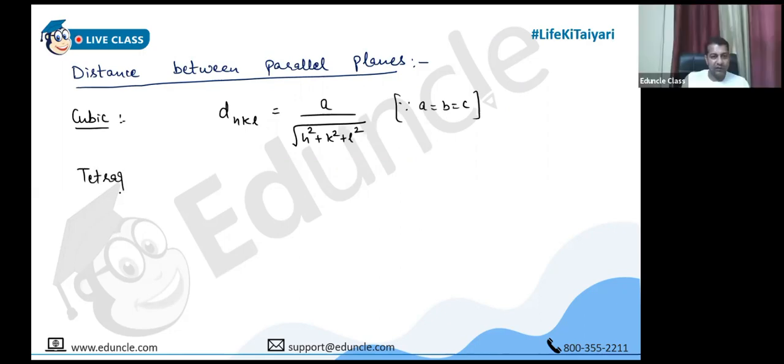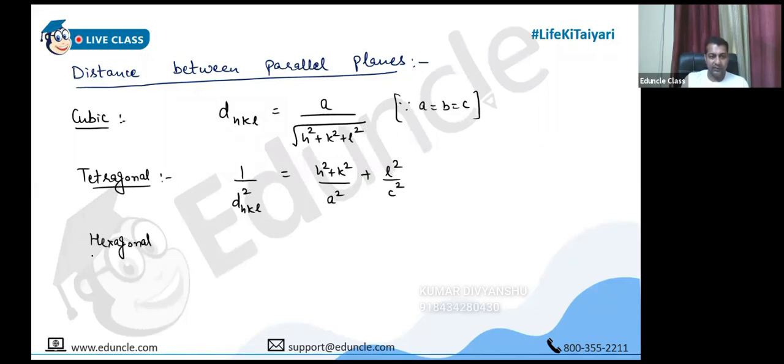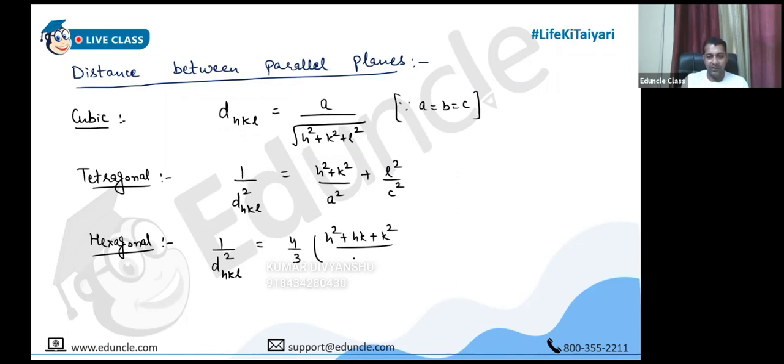Let me tell you the formula for other systems also. For tetragonal, the formula is 1 by d_hkl square equals h square plus k square by a square, plus l square by c square. You need to remember these formulae. Of course, they are going to ask you about cubic only, but I have also given other formulae. You can see they depend upon a, b, c and h, k, l.